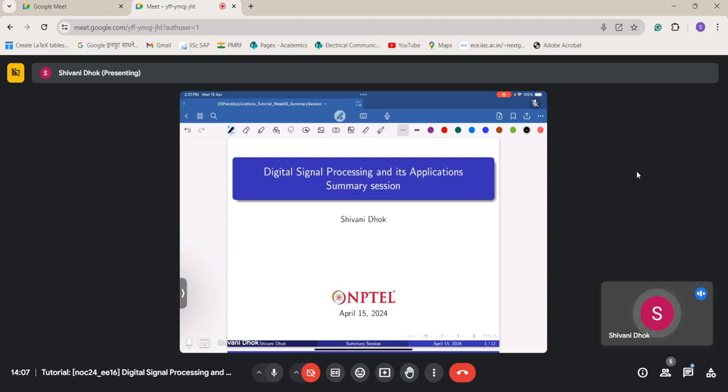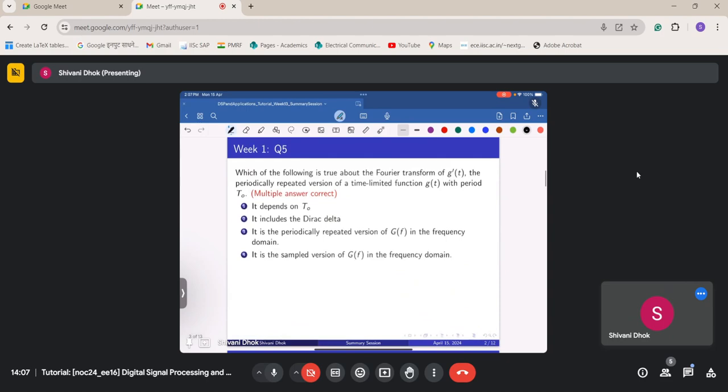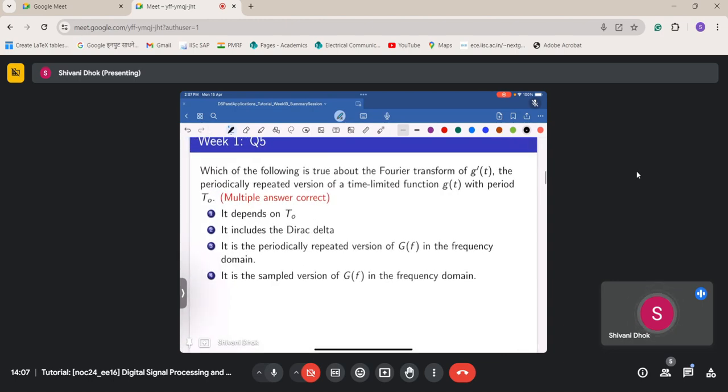So let's start. Assignment 1 didn't have detailed solutions, so I'm taking the questions which you have highlighted. The first one was this fifth question. It says: which of the following is true about the Fourier transform of g prime t, the periodically repeated version of time limited function g(t) with period T naught.